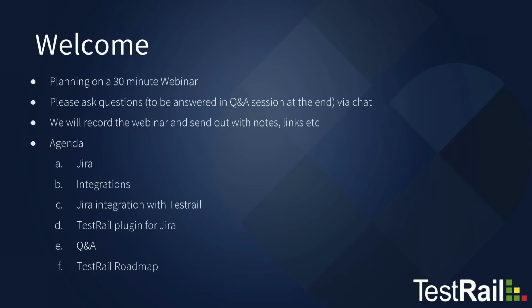We're going to be talking about how you can use TestRail alongside Jira to maximize both the efficiency and the effectiveness of your software testing. We're going to start off by introducing Jira just very quickly for those who maybe aren't so familiar with it.